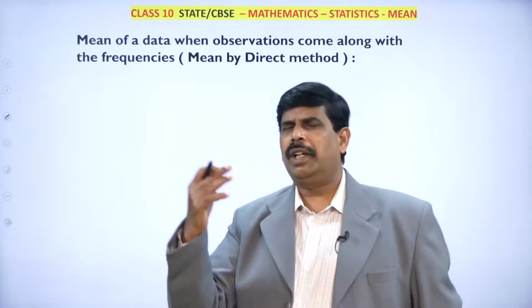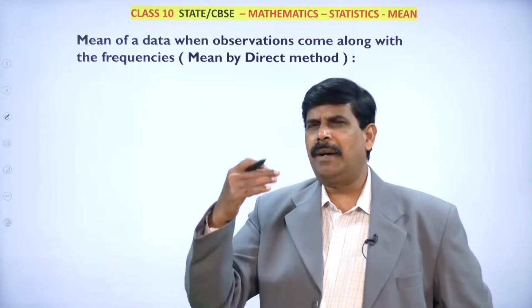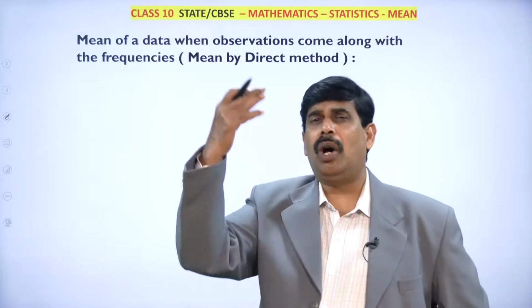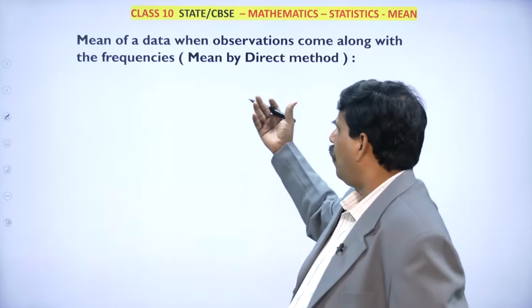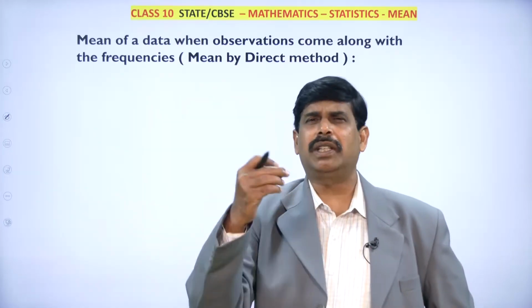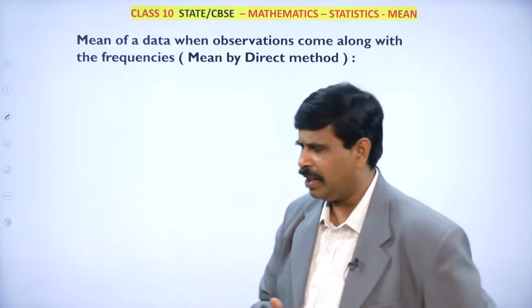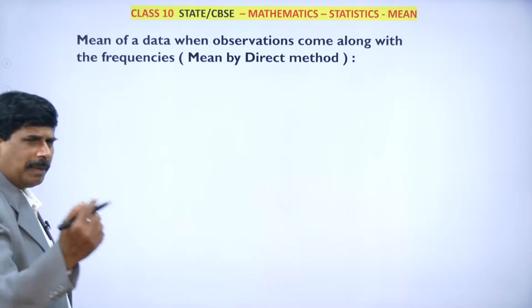So now we learnt when only observations are given. Let us see now when the observations come along with the frequencies. So mean of a data, when observations come along with the frequencies. Let us see how to do this. Say suppose you take the same observations.